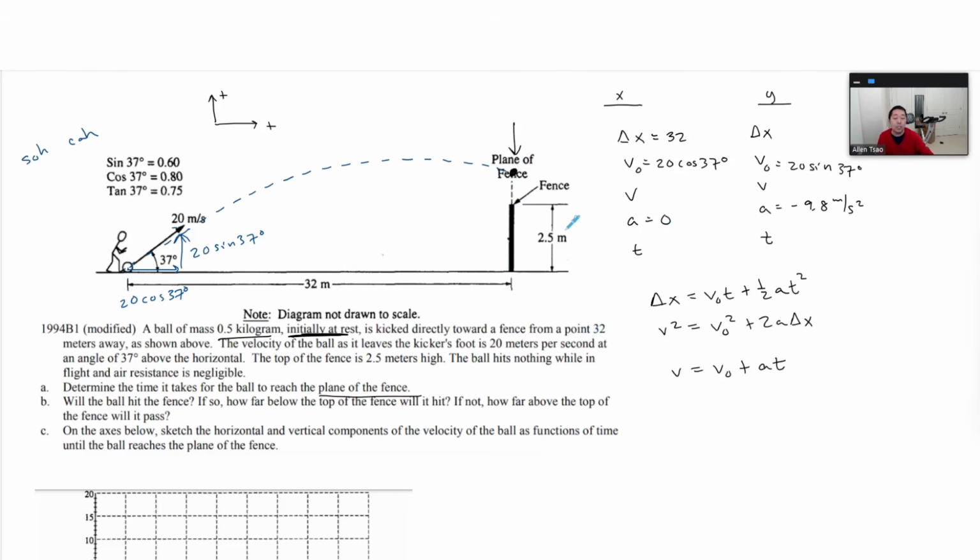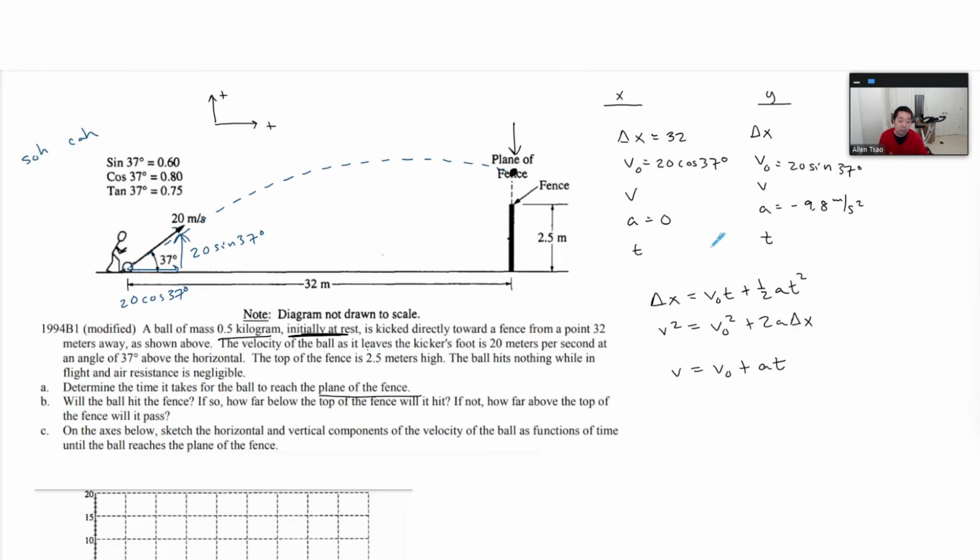The vertical displacement is actually a little bit tricky. You don't know the vertical displacement because you don't know where the ball actually is. The fence is 2.5 meters high, but I don't actually know whether the ball hits the top of that fence or not. So this number I don't want to use in my kinematic equations at this moment in time. Okay. And that's all the information I know at this point.